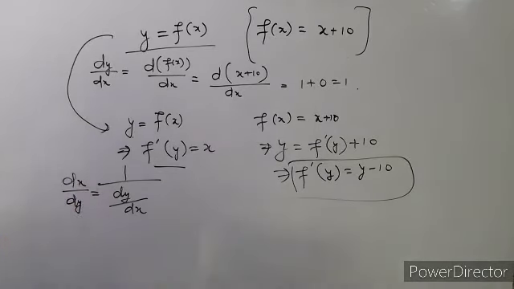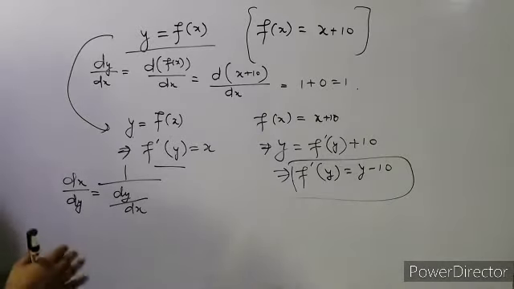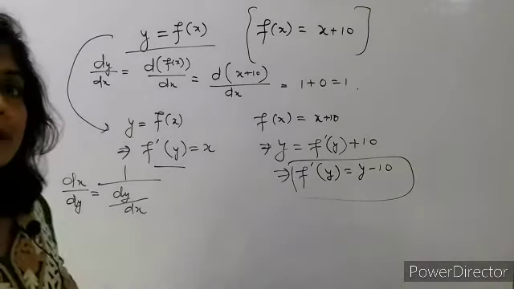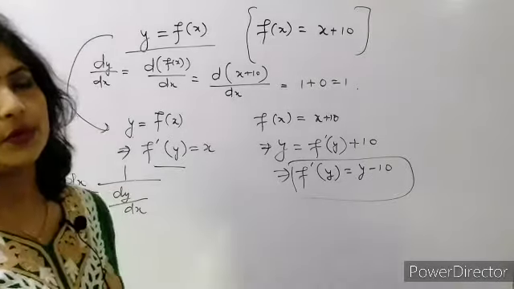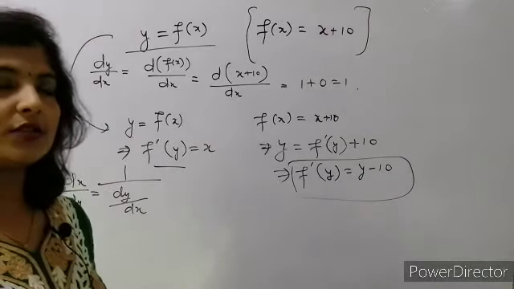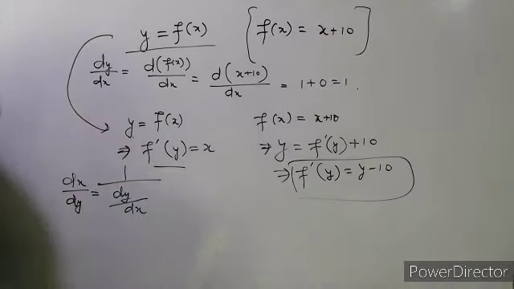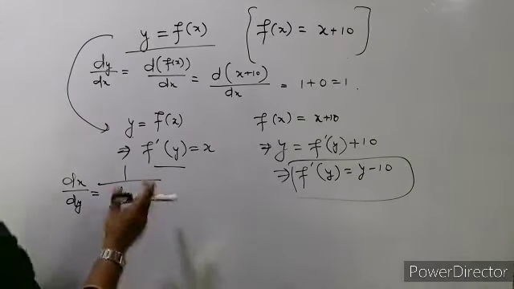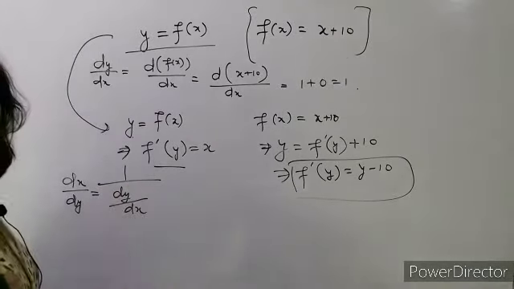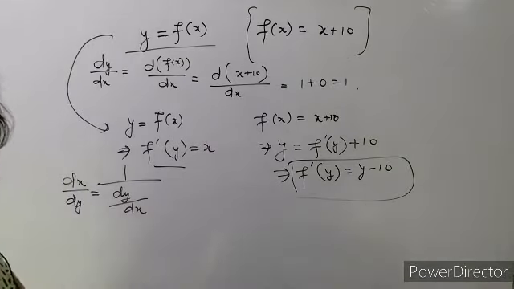In some cases, y is given with respect to x and you'll be able to find dy by dx, but the question may ask for the derivative of x with respect to y, which is the final solution to find. So what you'll do is find dy by dx, which you know how to do, and then take its inverse, 1 upon this, which will be equal to dx upon dy.